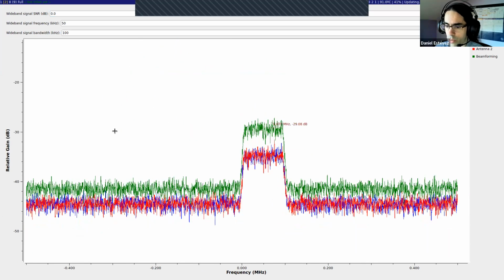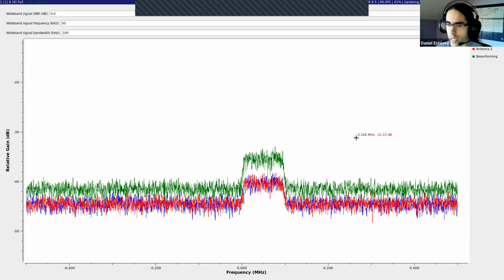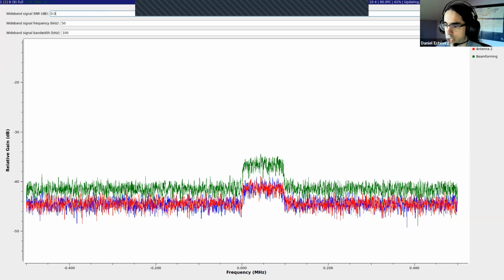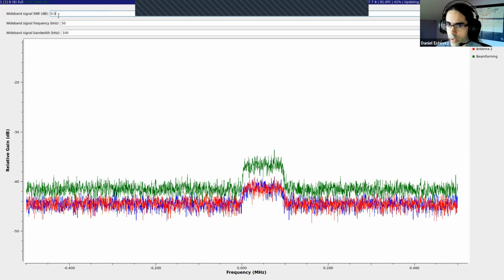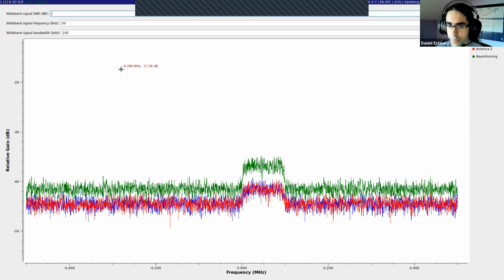So that's a way to add multiple antennas, and we could have a signal which is so weak that it's not possible to detect in one single antenna, but it's possible to detect in the combination of 2 antennas or 10 antennas or however many.